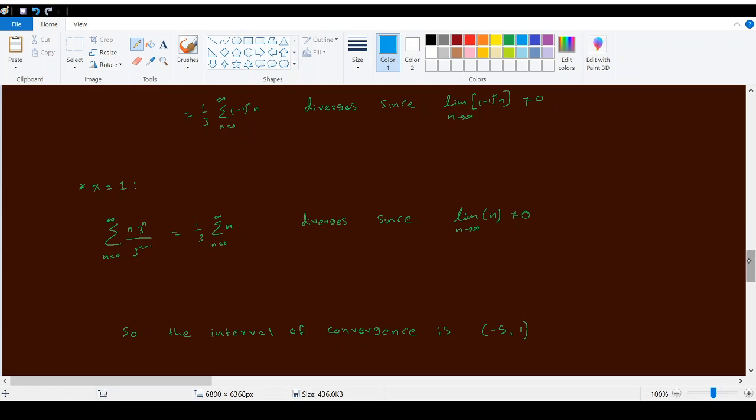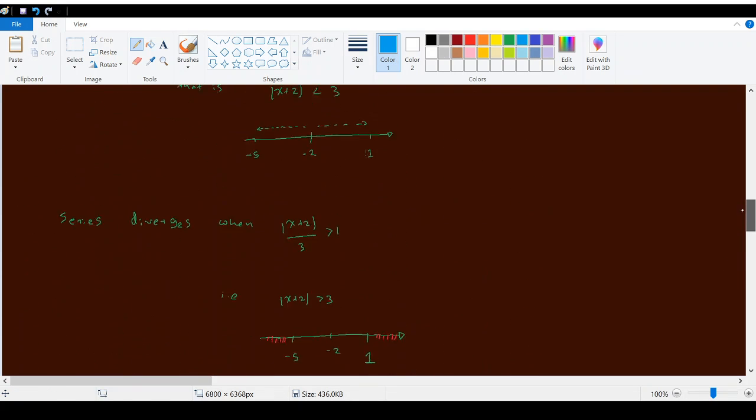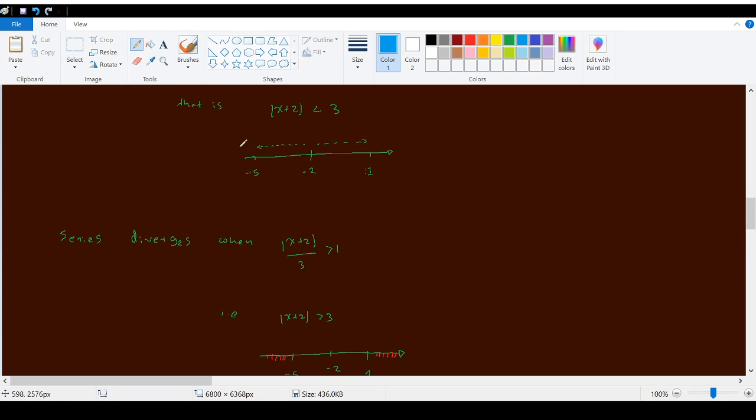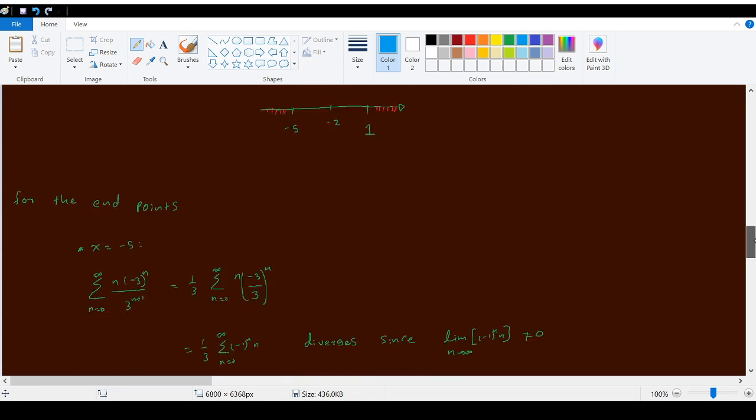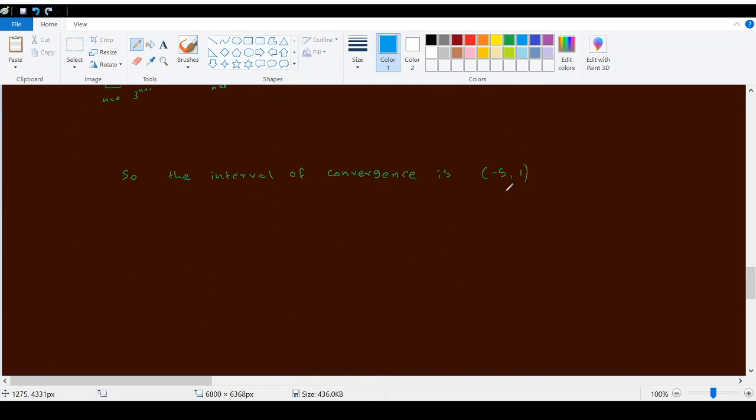So the only real numbers for which the series converges form this interval, right, without the endpoints. So this is the way that we represent an interval without the endpoints. And if you need to include an endpoint, you just have to write down the closed bracket. Now this is an open bracket and this is the closed bracket, the square bracket, right?